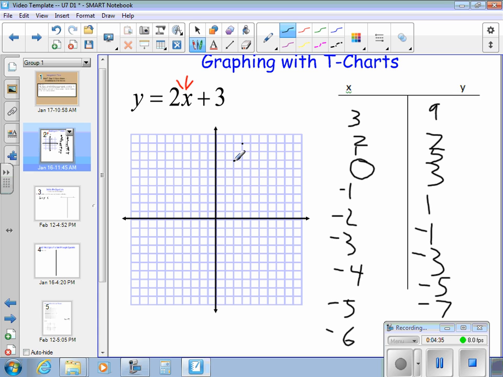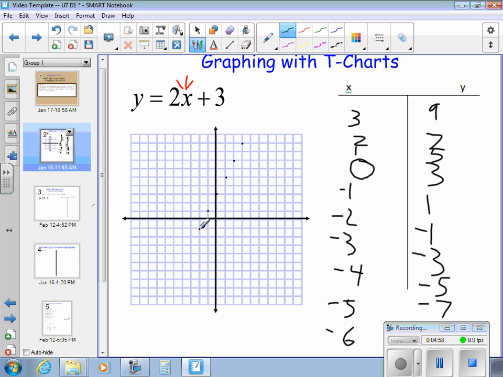1 and 5, 0 and 3, negative 1 and 1. I believe you can begin to see a pattern here already. Negative 2 and negative 1.